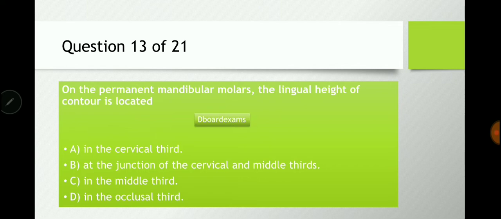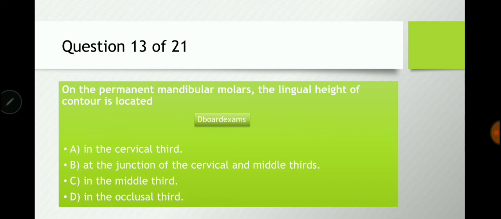On the permanent mandibular molars, where is the lingual height of contour located? Last week I tried to put the same questions in the same area. So if you reviewed height of contour, you're able to answer this question. We also saw another question in terms of maxillary height of contour.